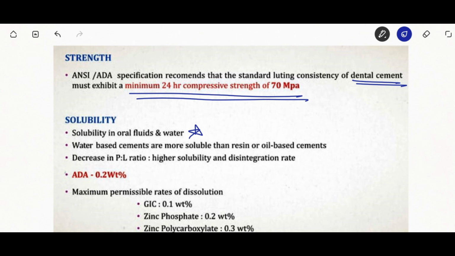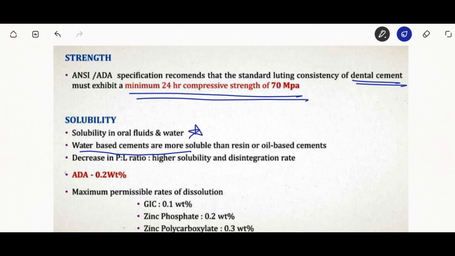Solubility and disintegration is that property that can determine the long-term survivability of the restoration. The solubility and the disintegration of the cement at the margin can eventually lead to problems like inflammation, caries, sensitivity, etc. So the water-based cements are more soluble than the resin or oil-based cement.